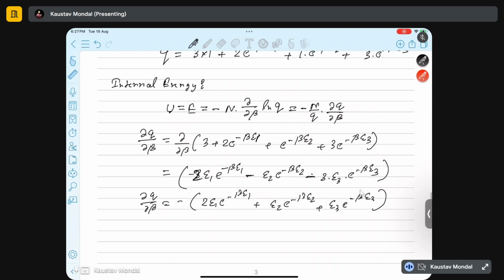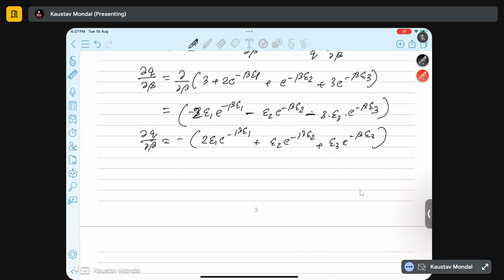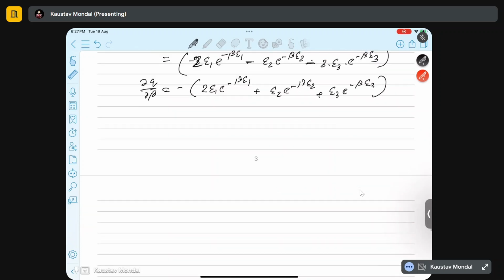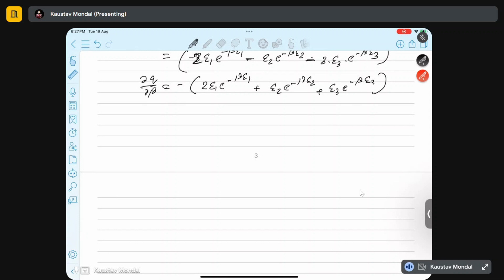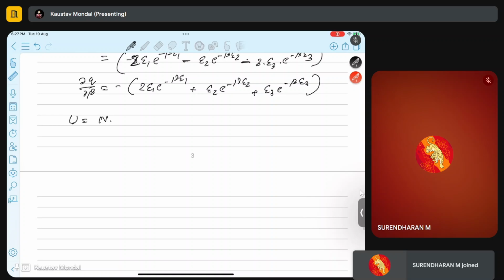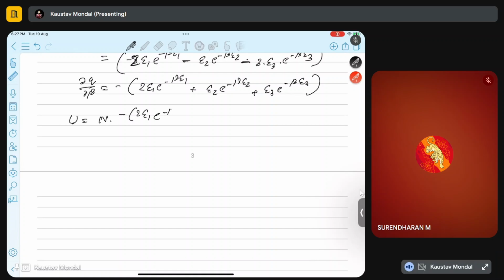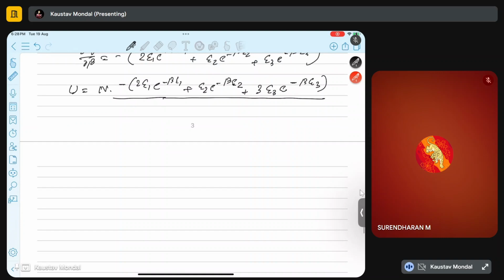So now, as you got the expression of del q by del beta, you can simply derive the expression of internal energy, which is nothing but U equal to N into. First del q by del beta, I am writing minus 2 epsilon 1 e to the power minus beta epsilon 1 plus epsilon 2 e to the power minus beta epsilon 2, then 3 epsilon 3 e to the power minus beta epsilon 3, and you have to divide the whole thing by the expression of the partition function, right?